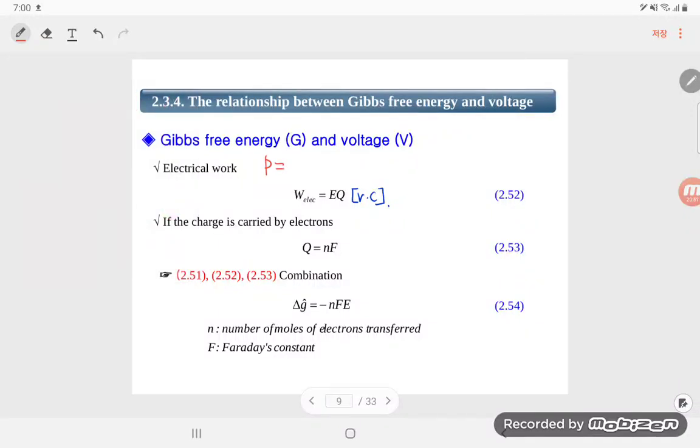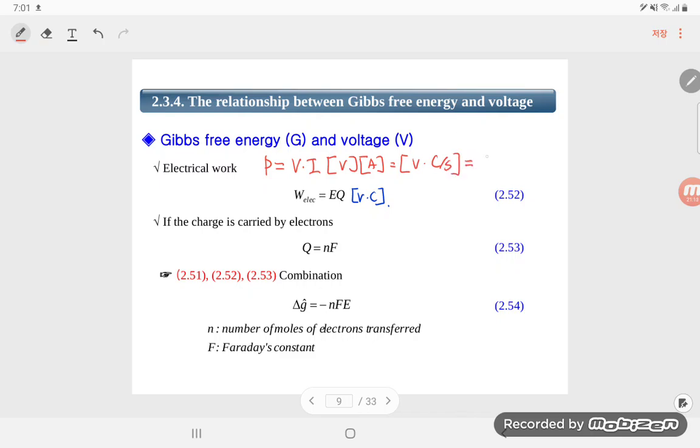P equals VI. Then what are the units? Volt and ampere, right? And what is the ampere? Ampere is coulomb per second.